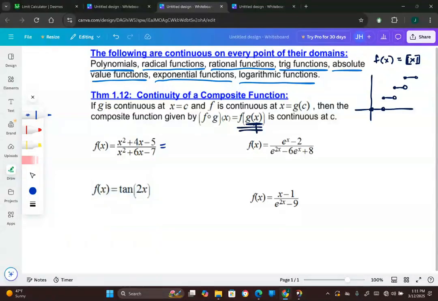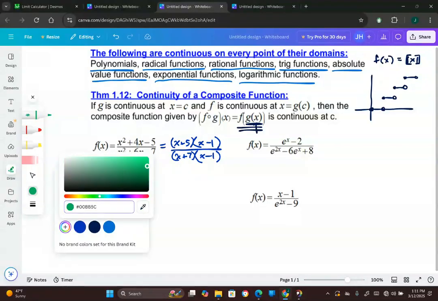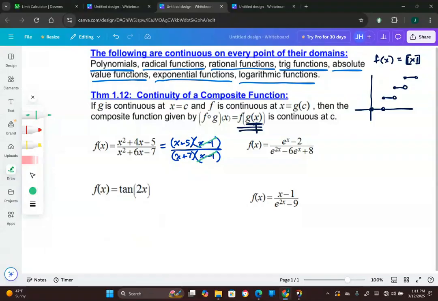What I want you to always remember with a rational function is that you should not just factor the bottom. We all know the discontinuities come from the bottom. But if I factor the top, I'm going to get x plus 5, x minus 1, and on the bottom, I'm going to get x plus 7 and x minus 1. Now, I want you to notice that there is a factor that cancels from the top and the bottom. Wait a minute.